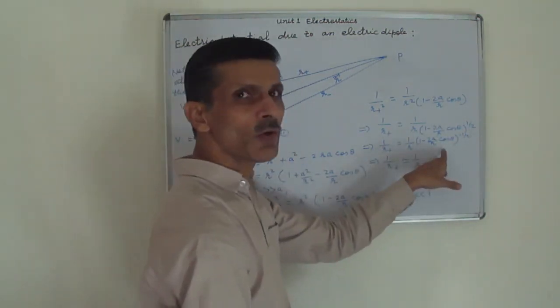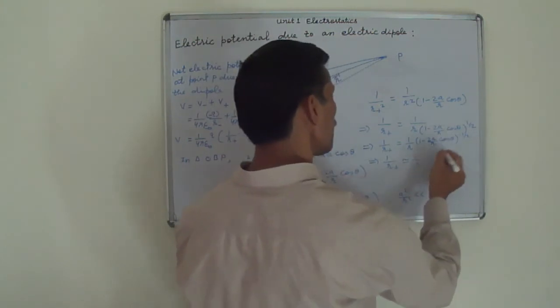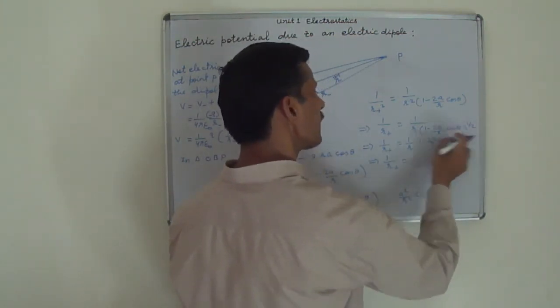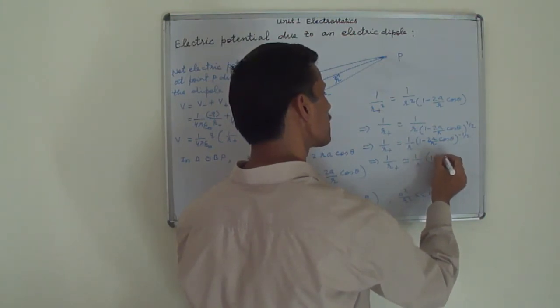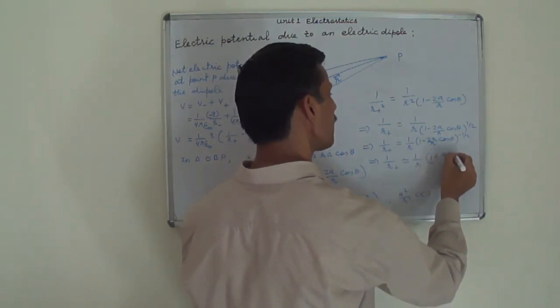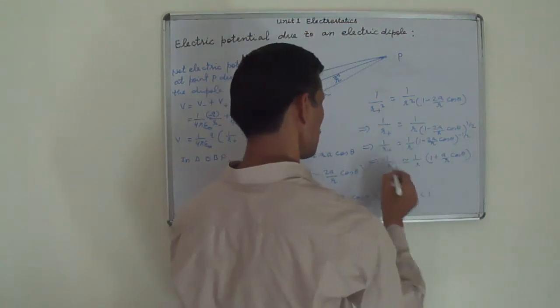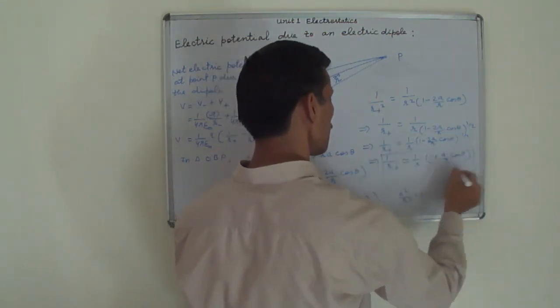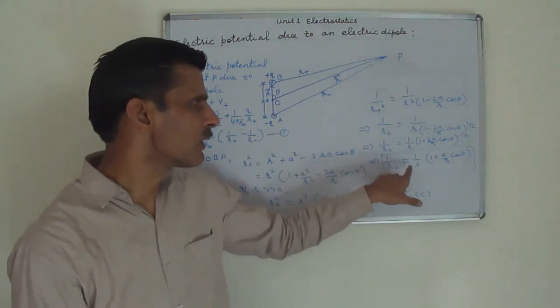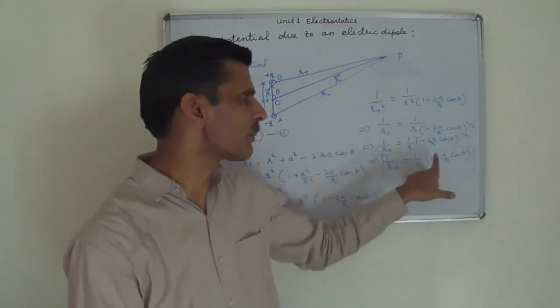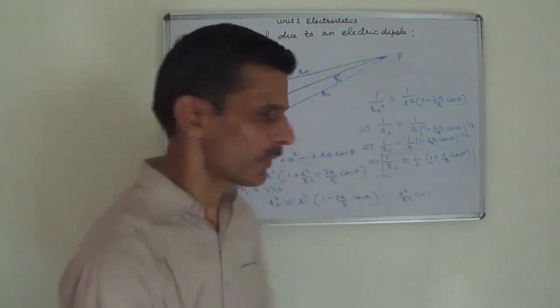Now here we can use the binomial theorem. So this power gets multiplied here, so it becomes 1 plus a upon r cos theta. So this is how we have obtained 1 upon r plus is equal to 1 upon r, in bracket 1 plus a upon r cos theta.